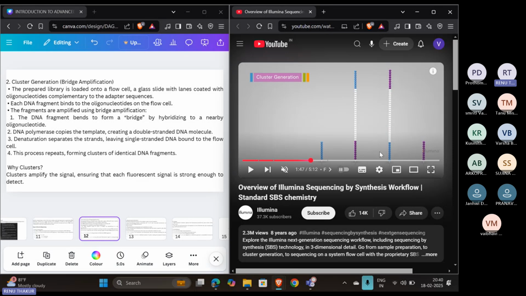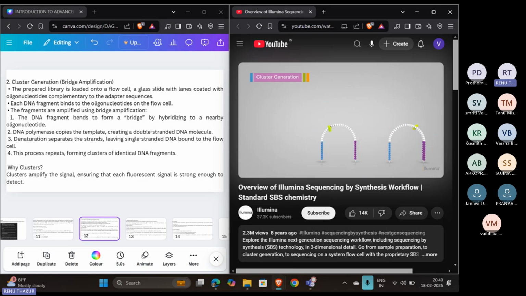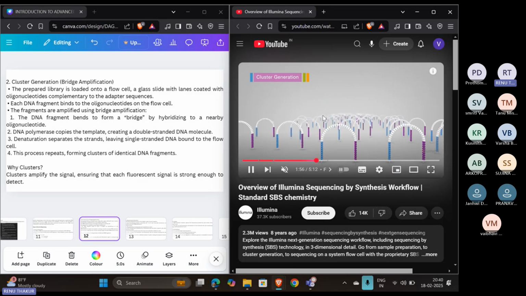So we have two single-stranded DNAs bound to the flow cell, and this process repeats many times, forming clusters of identical DNA fragments, as you can see here. You can ask why clusters: because they amplify the signal, ensuring that each fluorescent signal is strong enough to detect.